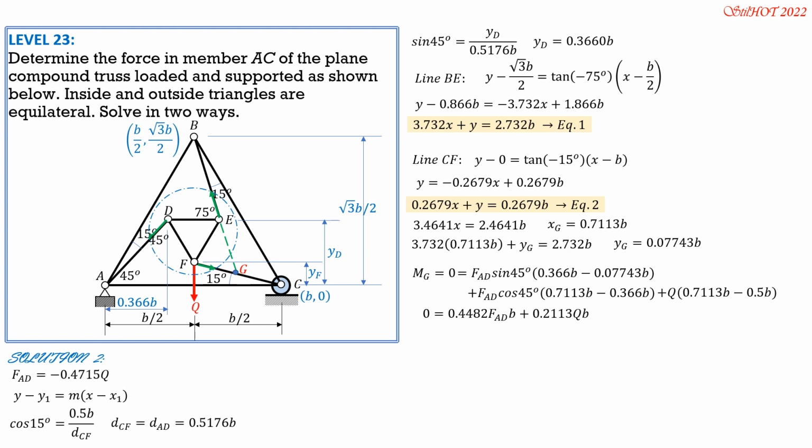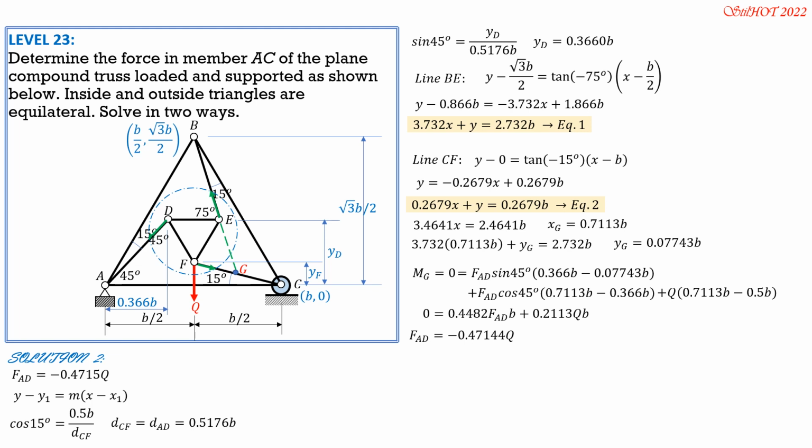FAD sine 45 degrees times this value plus FAD cosine 45 times this value is 0.4482 FAD b. Then for Q, Q times 0.7113 minus 0.5, 0.2113 Qb. Cancel b. So FAD is negative 0.47144Q, which is close to this.